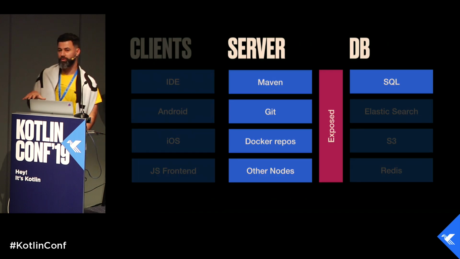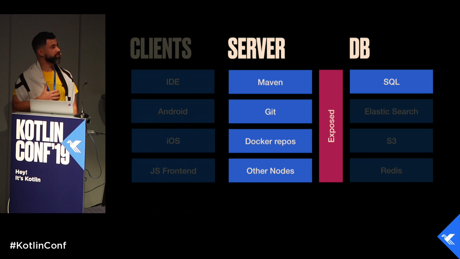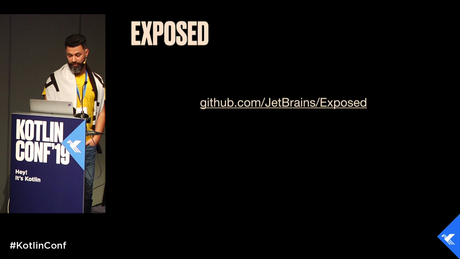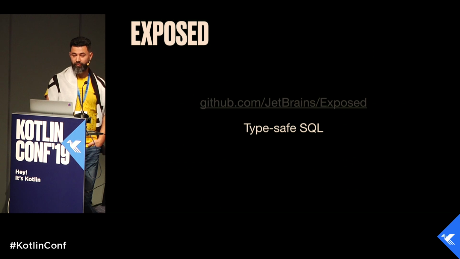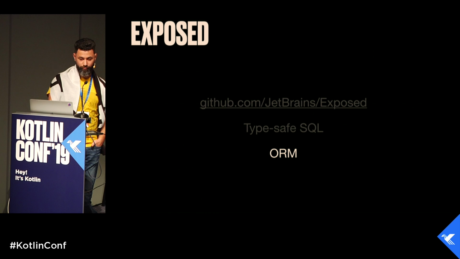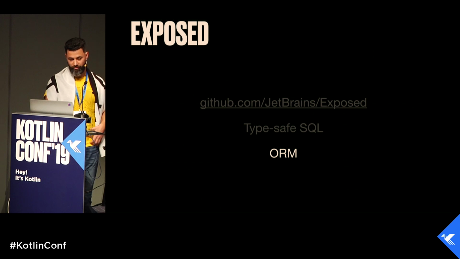Next, I'm going to talk a little bit about the frameworks that we are using to build Space. The first one is Exposed. Exposed is an open source framework. You can use it. It provides you with functions for type-safe SQL writing and for object relational mapping, like Hibernate for Java. You can use Exposed for Kotlin.